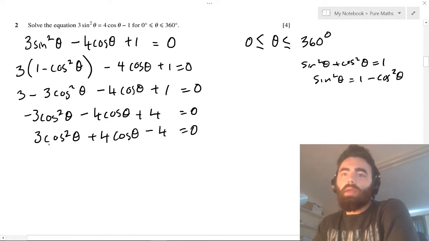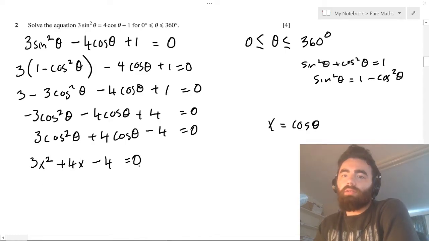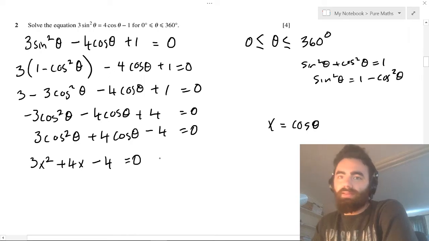And then we can do a substitution, and we can say let's make our x equal cos theta, and this just becomes 3x squared plus 4x minus 4 equals 0, and that looks something a little easier that we could find x.